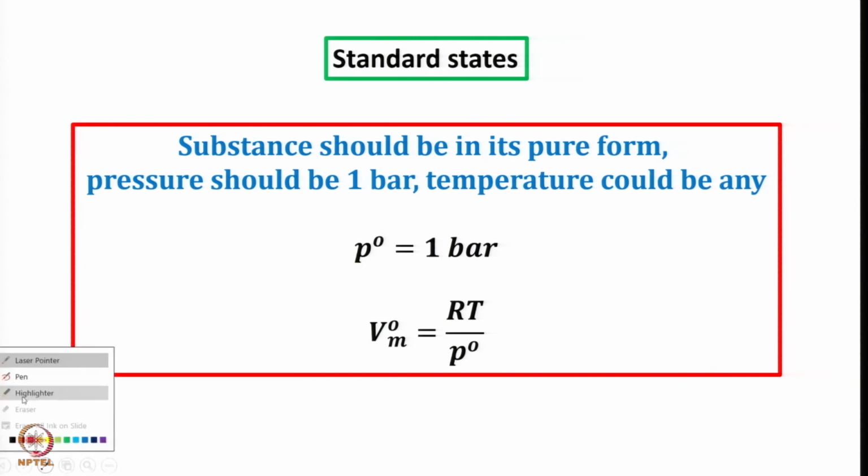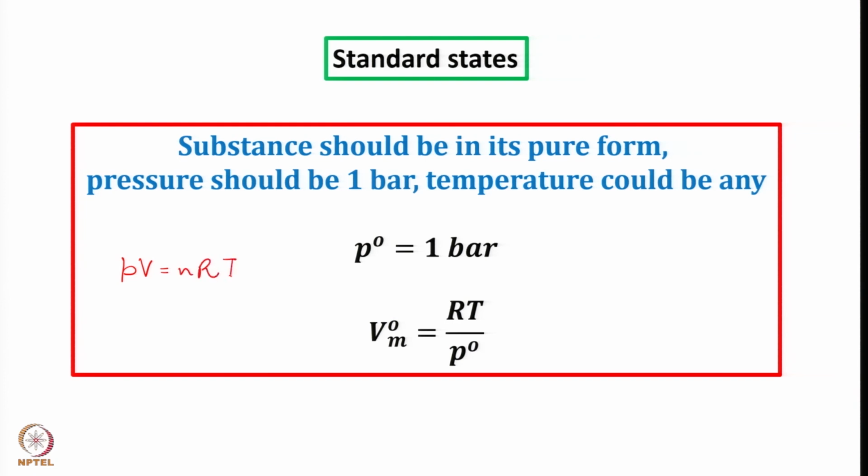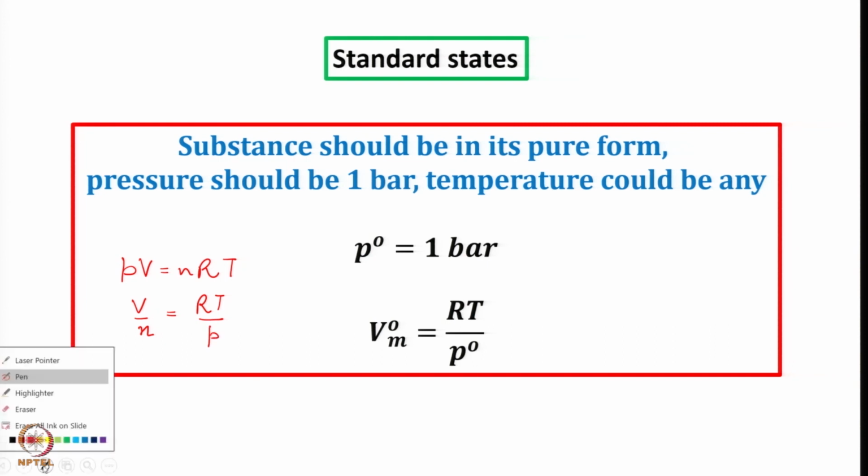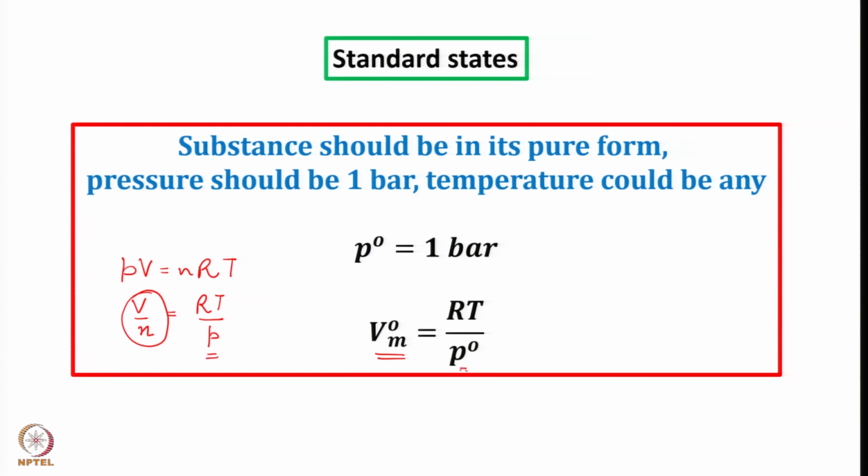Since here we are dealing with ideal gases, I will write PV is equal to nRT, that is the perfect gas equation or ideal gas equation. So I can write this as V by n is equal to RT by P. Then if I invoke standard state conditions, V by n becomes Vm naught, and instead of P, I write P naught.